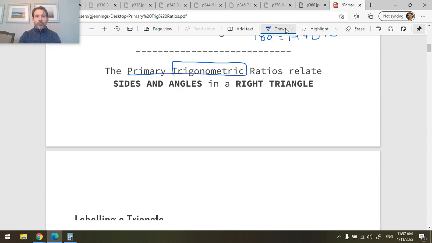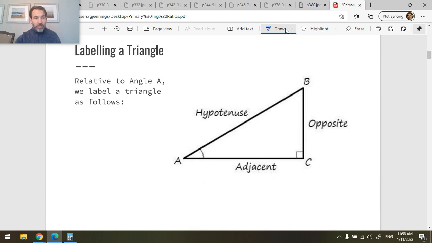So, first of all, we need to be able to remember how to label a triangle. In this case, this is called the angle of interest. That's the angle that we're looking at the triangle from. You'll recall in the question we just did, this angle was 40 degrees, and we knew this was 24.